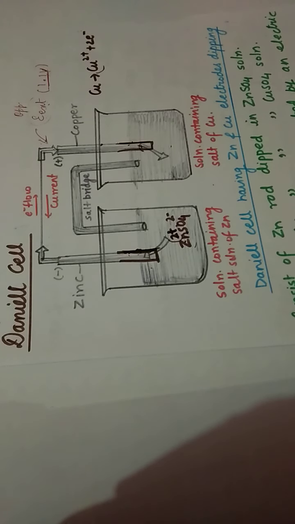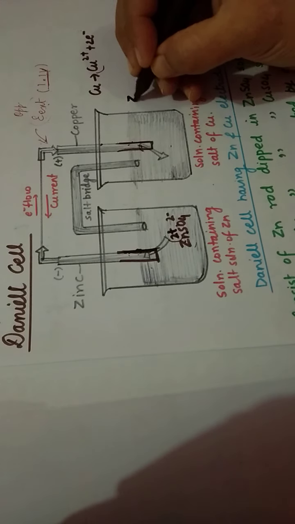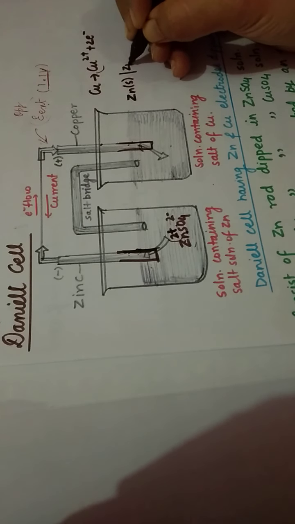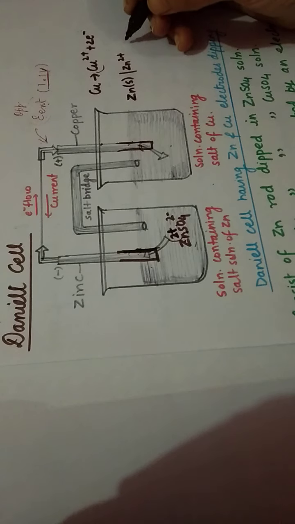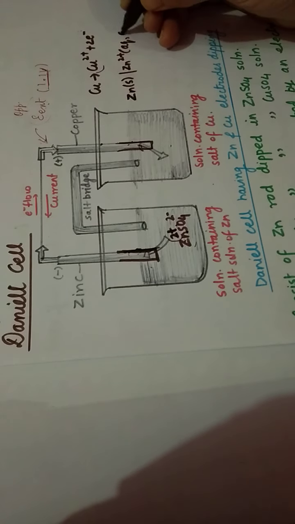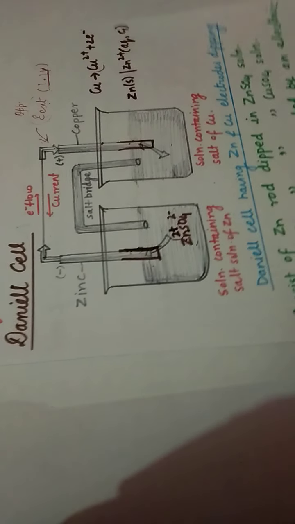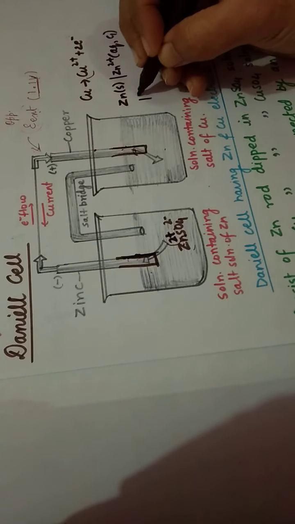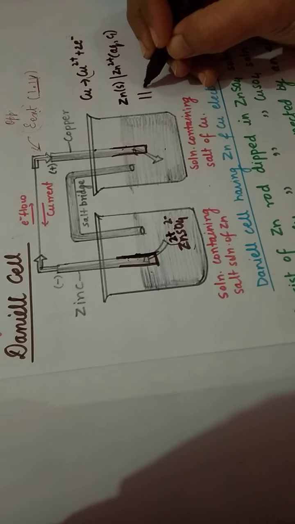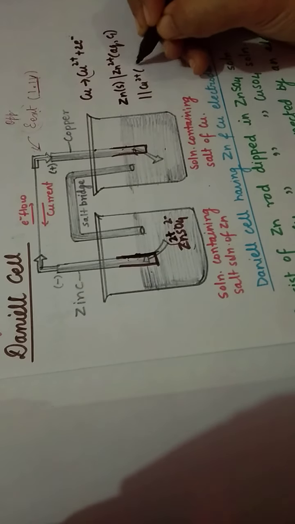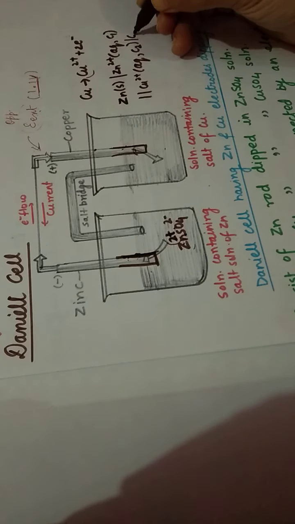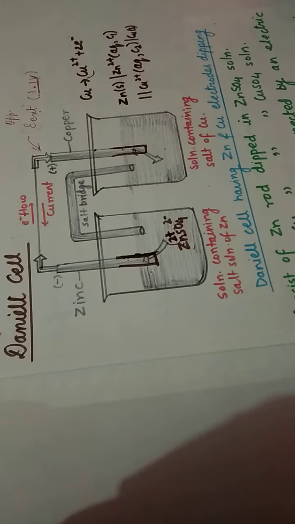Now, if you represent a cell, then you represent it like Zn(s), Zn2+(aq, C1), two vertical lines, Cu2+(aq, C2), Cu(s).